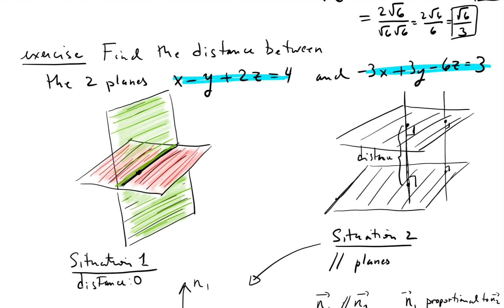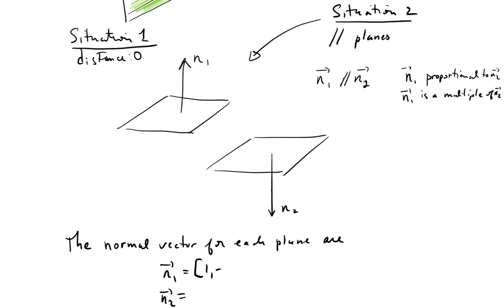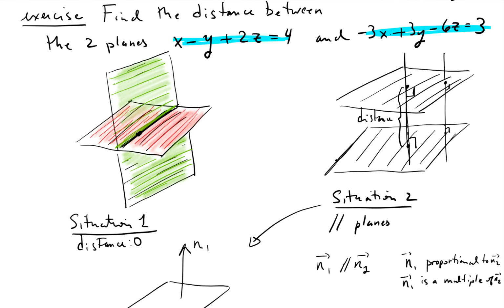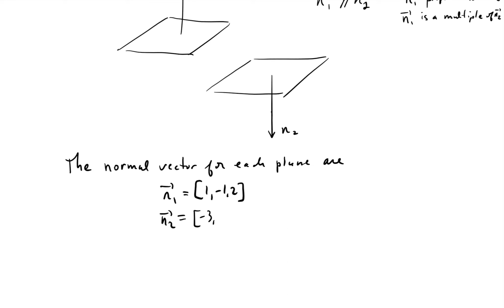The first plane's equation is x minus y plus 2z equals 4. So N1 is (1, -1, 2). The other plane gives (-3, 3, -6). I remind you that it's important that all your variables are on the same side of the equation so that you can collect the coefficients of x, y, and z in order to get the normal vectors.